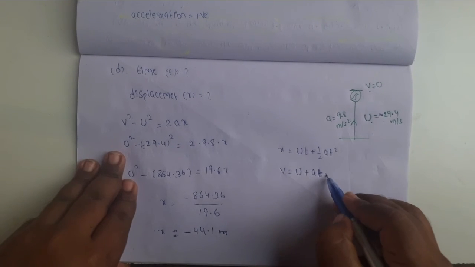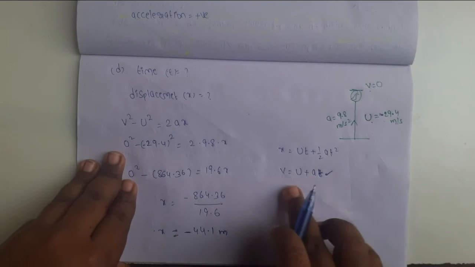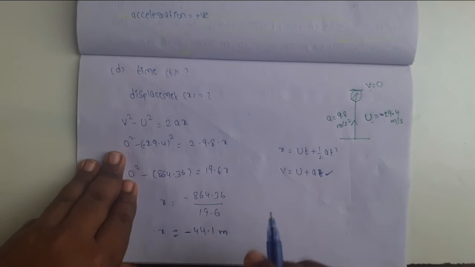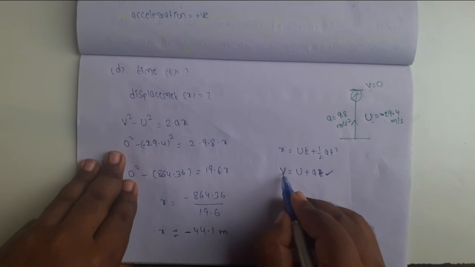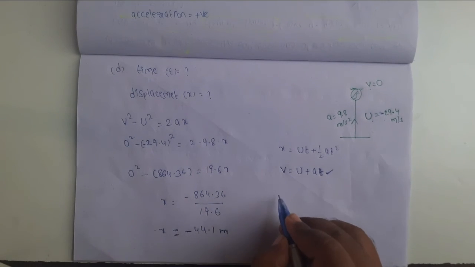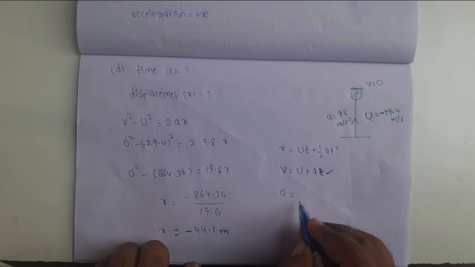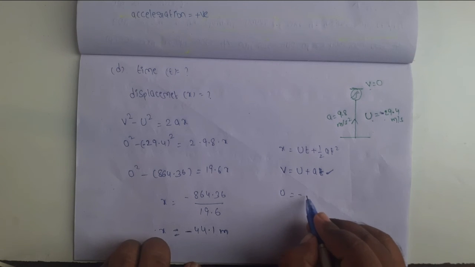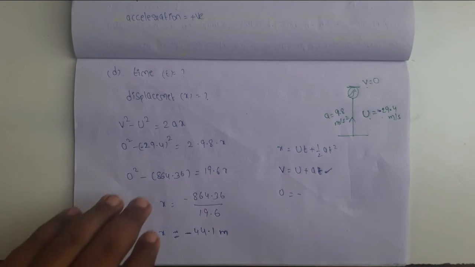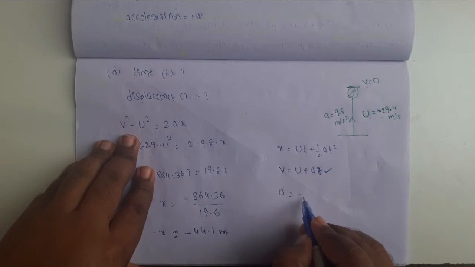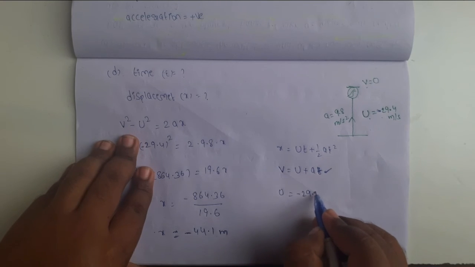I am using this equation because it makes the calculation simple. So v value is 0, u value is minus 29.4.